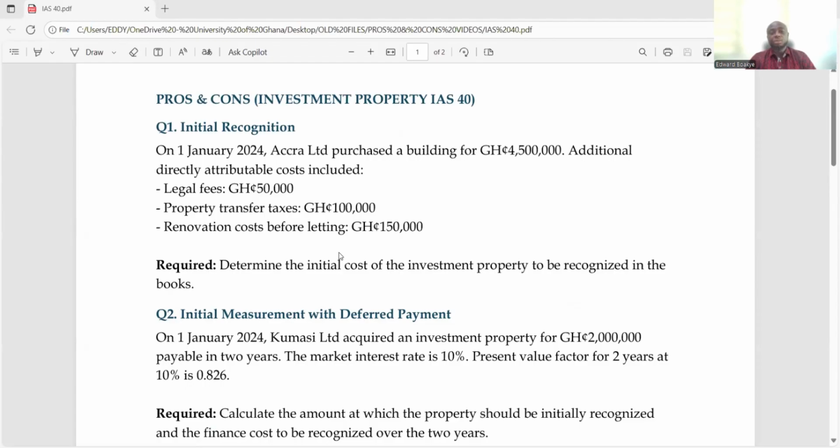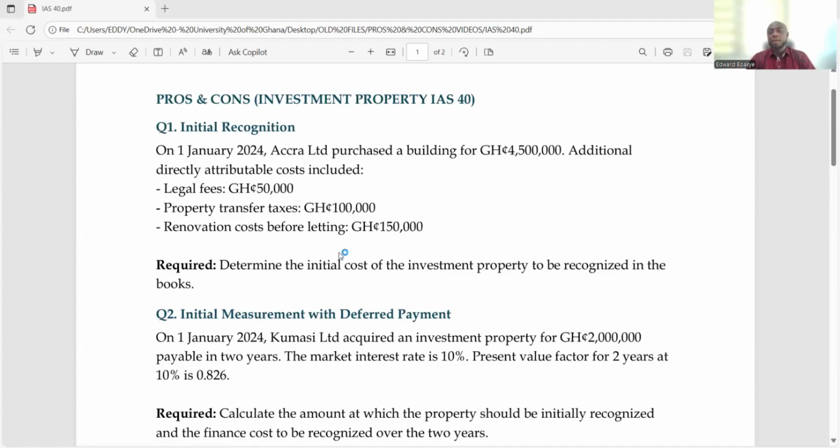On 1st January 2024, Accra Limited purchased a building for 4.5 million. We are going to use 4,500 so that we ignore the three zeros. Additional directly attributable costs included legal fees, property transfer taxes, and renovation costs before letting.